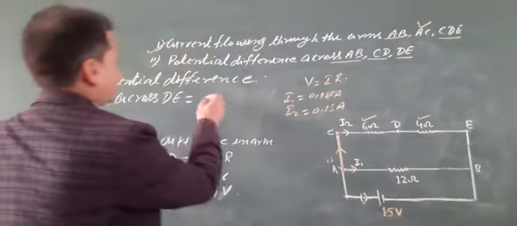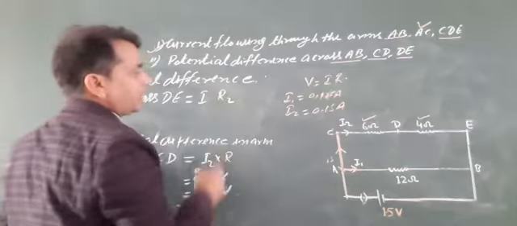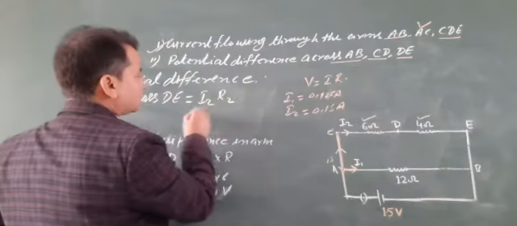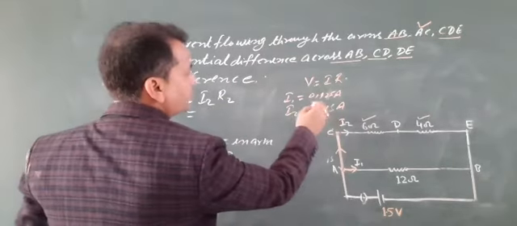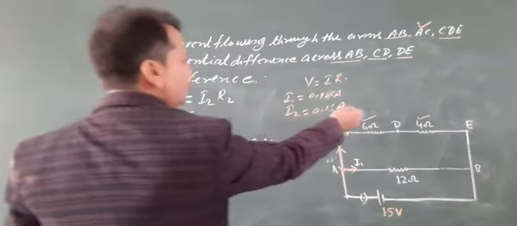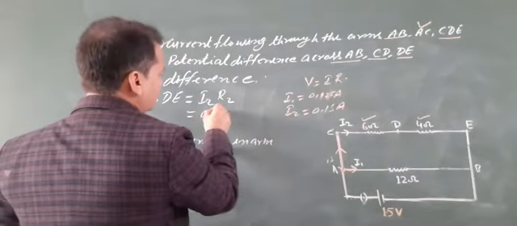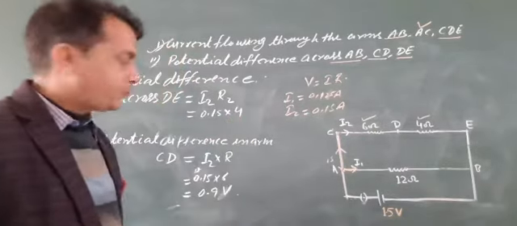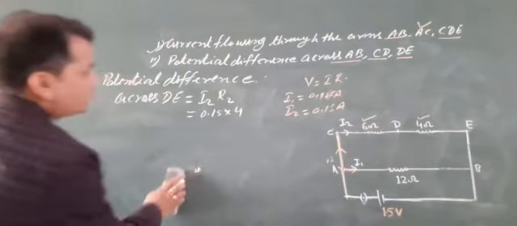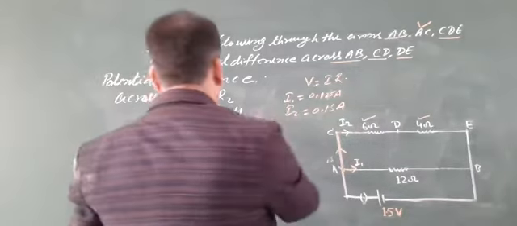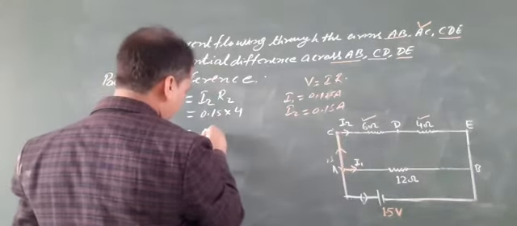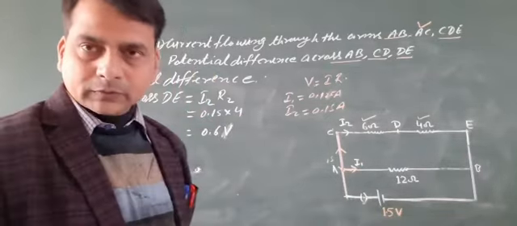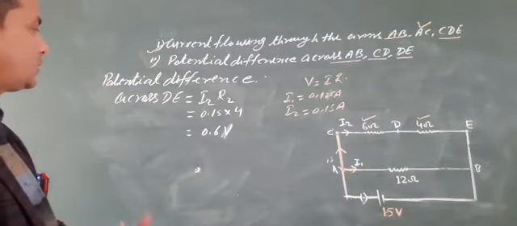The current I2 flows in this arm DE, and the value of I2 we have already calculated is 0.15, and the value of R2 equals 4. Multiplying 0.15 by 4, we get 0.6 volt.